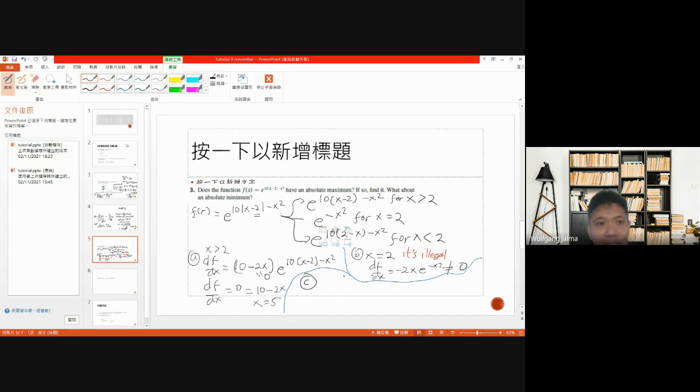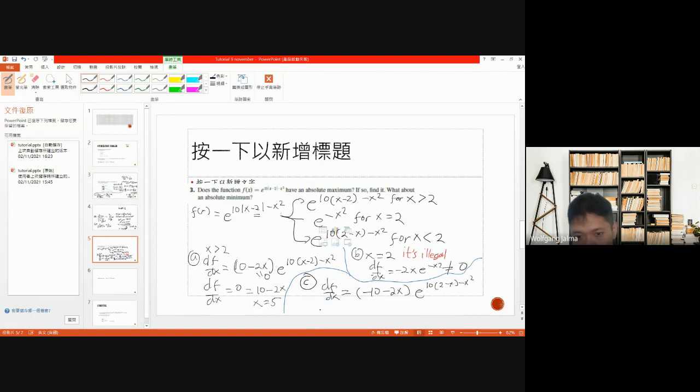Well, we know that the df dx in c will be minus 10 minus 2x e to the power of 10 times 2 minus x squared.